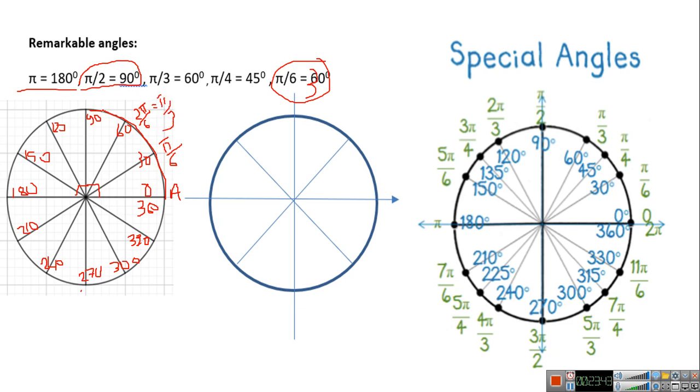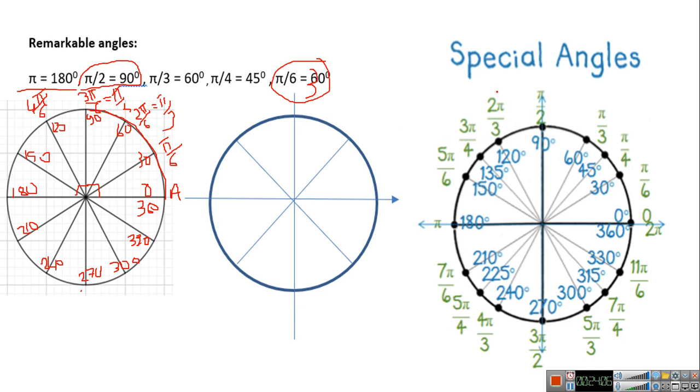Here I have 3 pi over 6. We know that 3 pi over 6, we can simplify the 3 and 6. It will be pi over 2. And we know that pi over 2 now is 90. So instead of saying 30, I have 3 pi over 6. Then here I have 4 pi over 6.